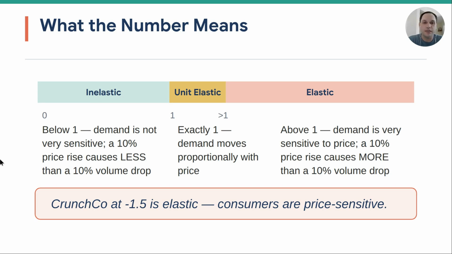A 10% increase causes a 10% volume drop. And below 1, inelastic, means demand is not very sensitive. A 10% price increase causes less than a 10% volume drop. Consumers keep buying despite the higher price. Crunchco at negative 1.5 sits firmly in the elastic zone. Their customers are price sensitive.